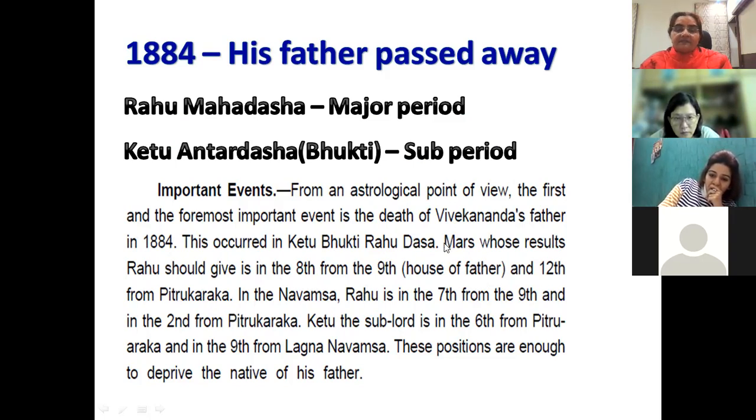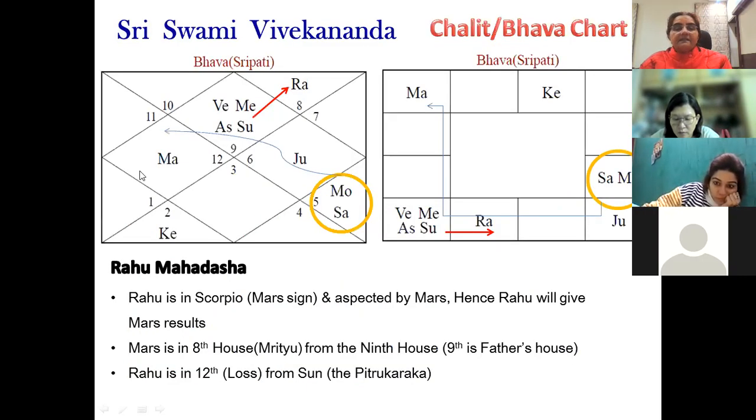Okay. So first we'll see Mars and Rahu both. Let us understand this. This is the Bhava chart, not the Lagna chart. In that, Mars was moved to this. Now from this aspect, if you see, this is the 9th house. From here, if you calculate, this goes in the 8th.